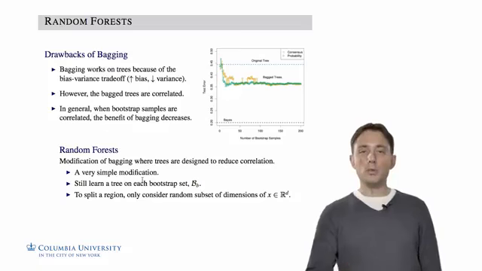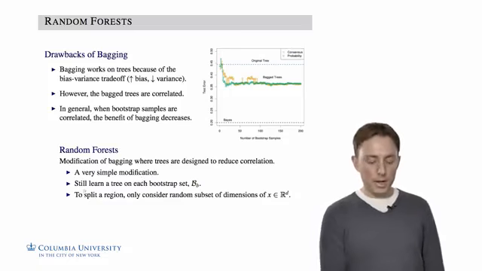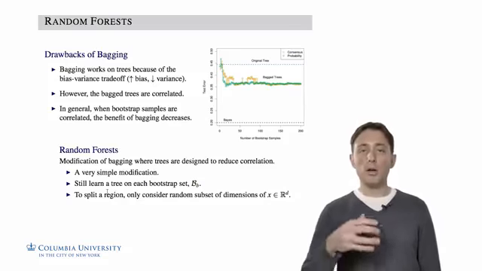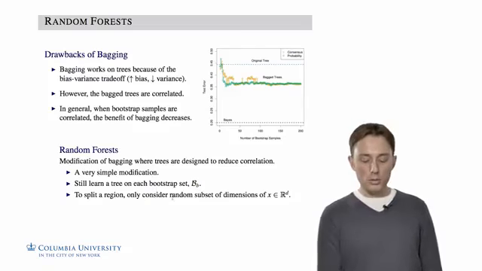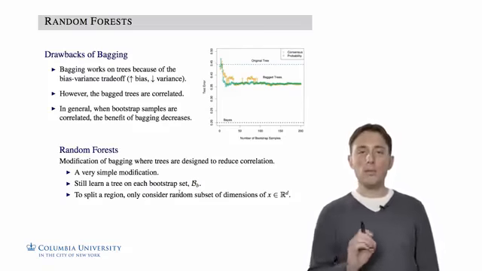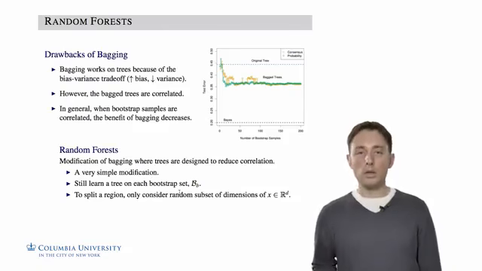We still bootstrap our data set multiple times. We still learn a tree on each bootstrapped data set, except when we decide whether we want to split a region, rather than looking at all of the dimensions, we're going to randomly subsample a set of dimensions and only make each partition along one of those dimensions.